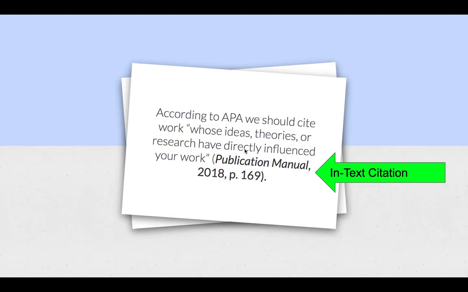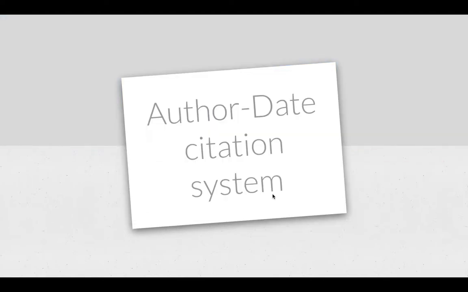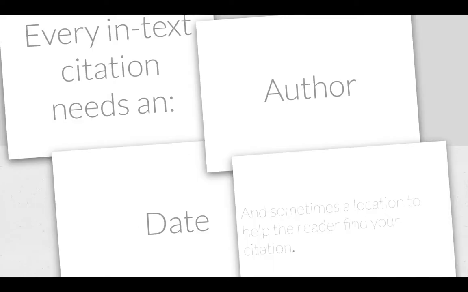I used the direct quote from the APA publication manual, and here I have my in-text citation following it. APA uses the author-date citation system, meaning we cite the author and we cite the date when we are creating a citation.